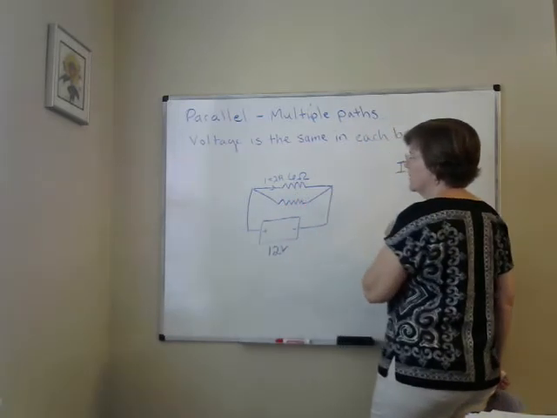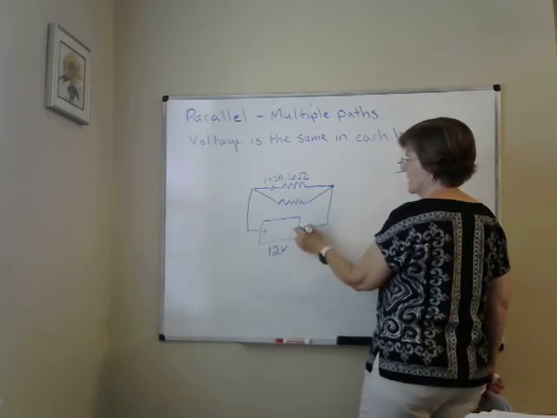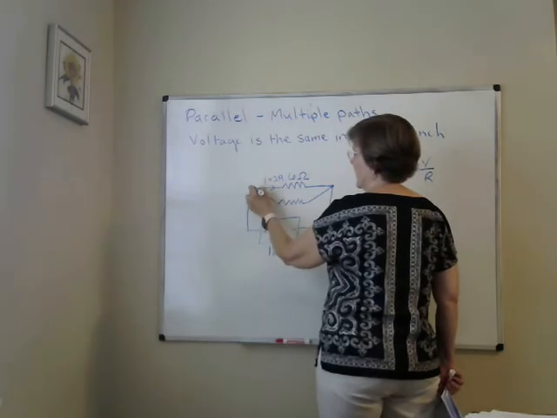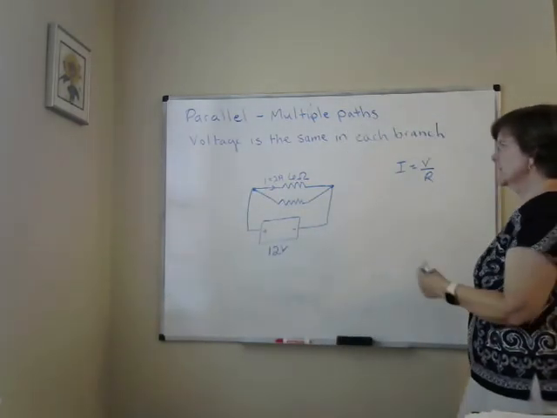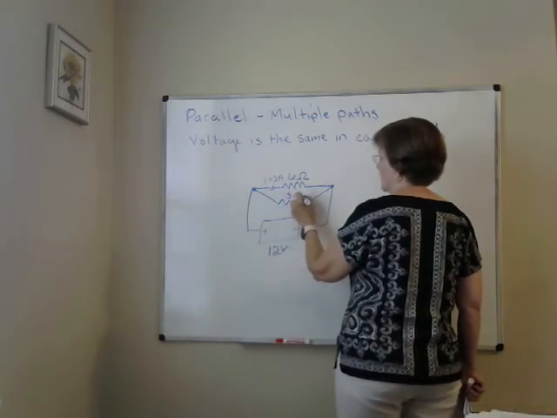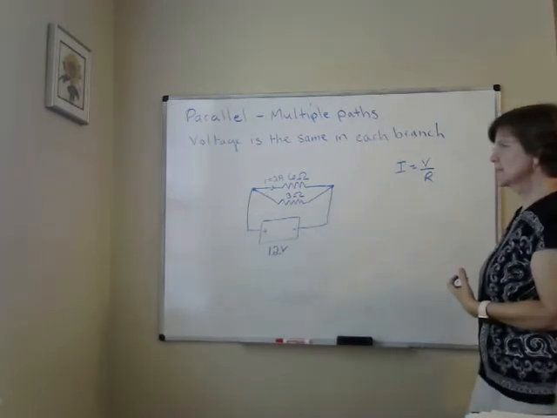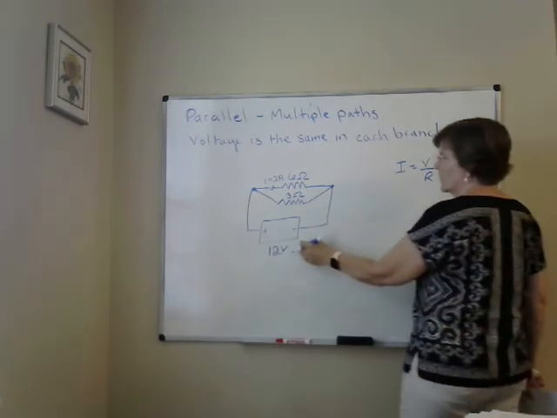Now what you notice is this point is at the same potential as this part, and this is the same voltage. So they both have the same 12 volts. But let's let this be a 3 ohm resistor. Now that's less resistance. Well, if that's a 3 ohm resistor, the current through it is going to be 12 divided by 3.